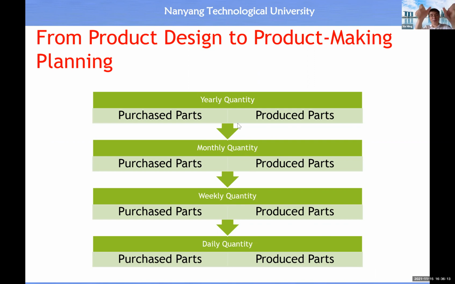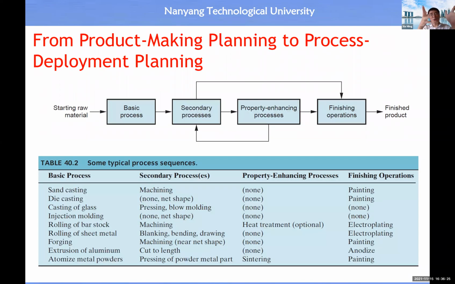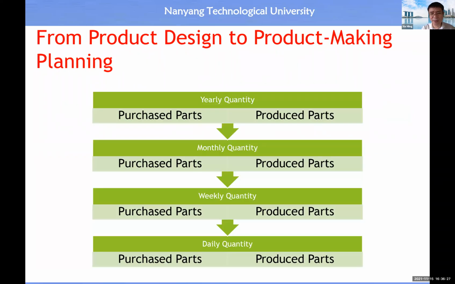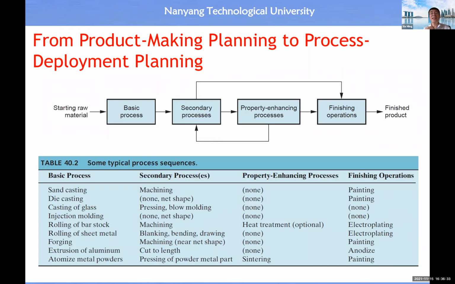Okay, so we must come out with the data information about this. Once we know, on daily, weekly, monthly, and yearly basis, what will be the parts to be produced internally, then for each part to be produced internally, we need to know what will be the basic process in order to produce this part?